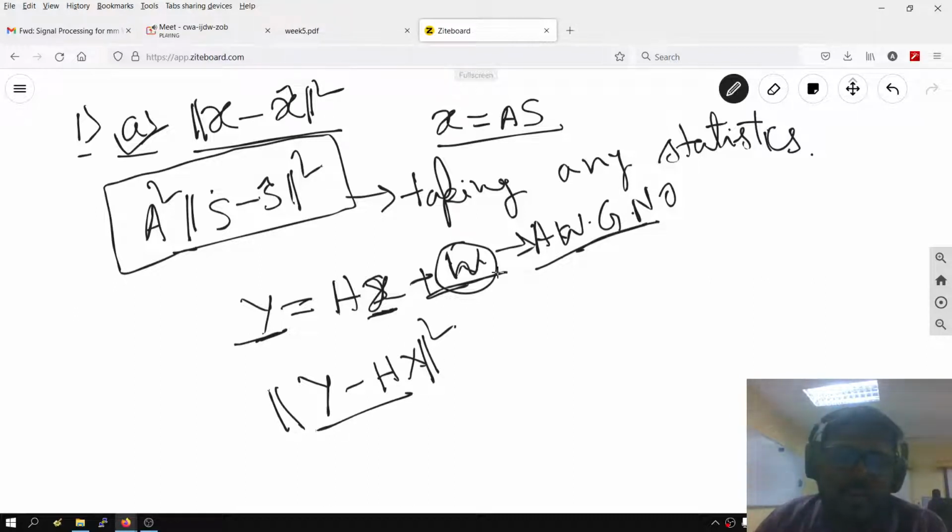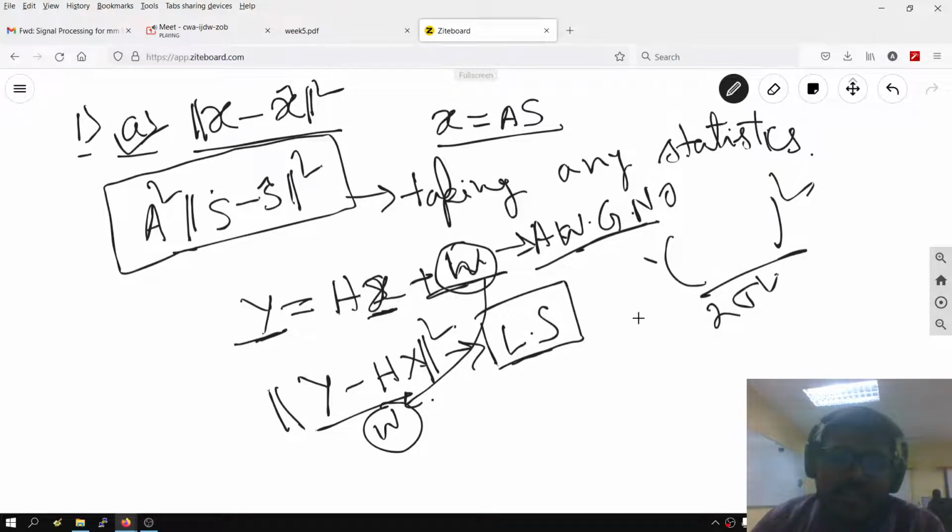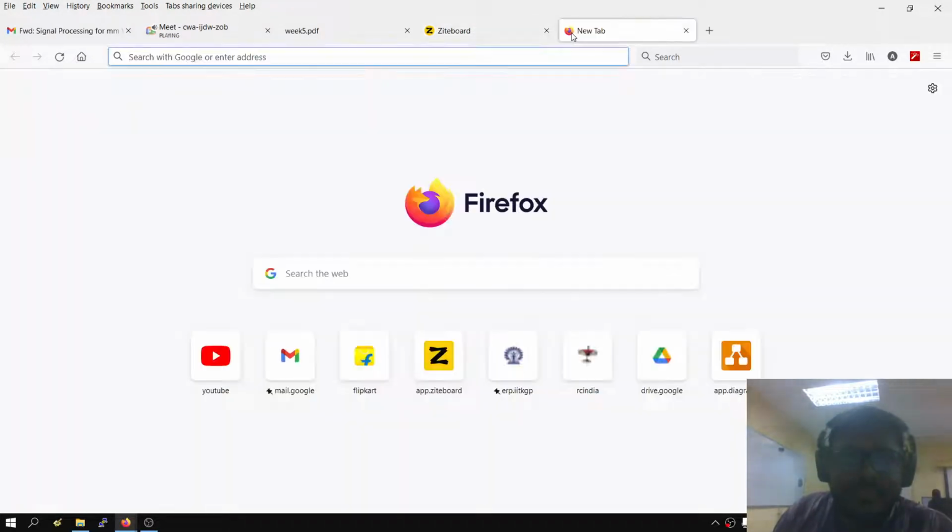But here we are not considering any statistics of w, no term of w here. So this is the main least square solution. As the noise is Gaussian, this works well. The PDF of Gaussian has a mod square term divided by 2 sigma square. That is the reason least square works for this channel model, but we are not taking any statistics here. So the first option is right.